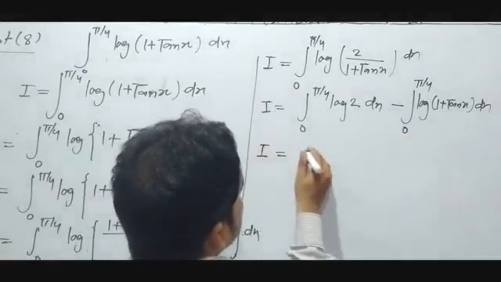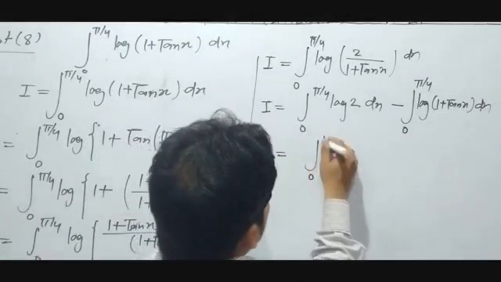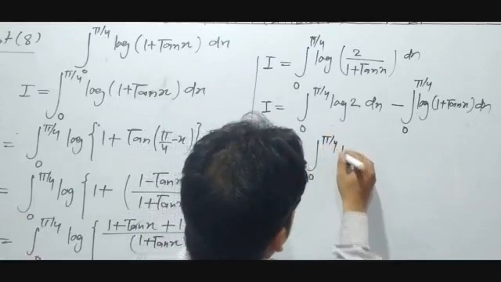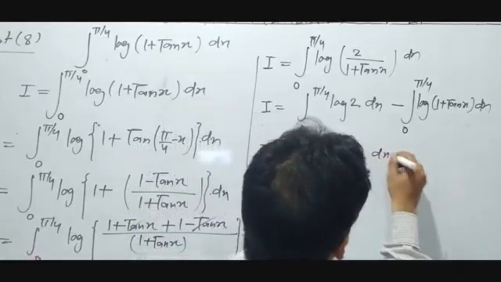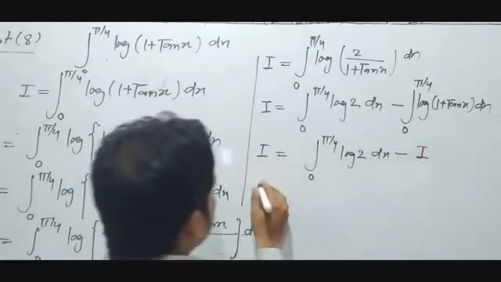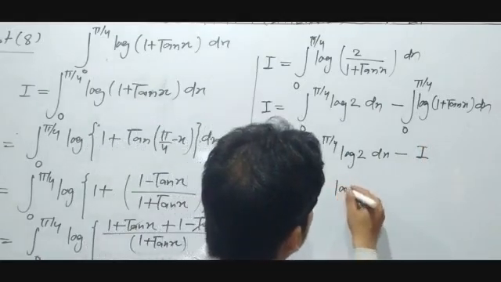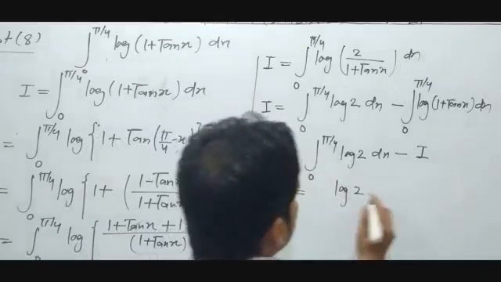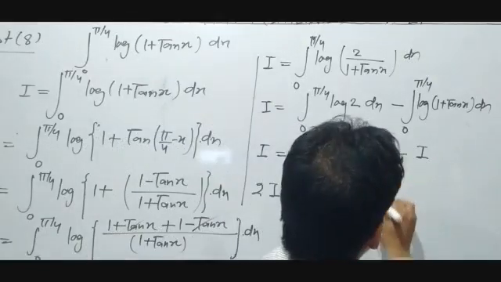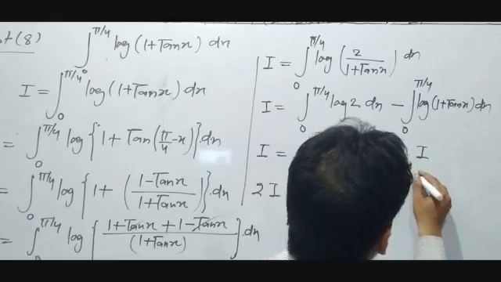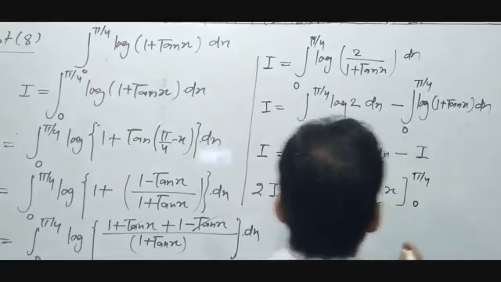So I is equal to 0 to pi by 4 log of 2 dx minus I, and 2I result is log 2 will be outside the integral, and integration over 1 dx result will be x. So x upper limit pi by 4, 0.